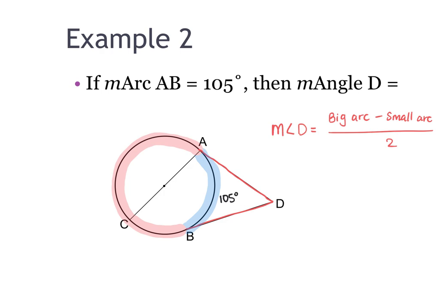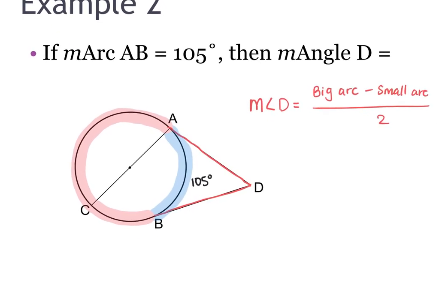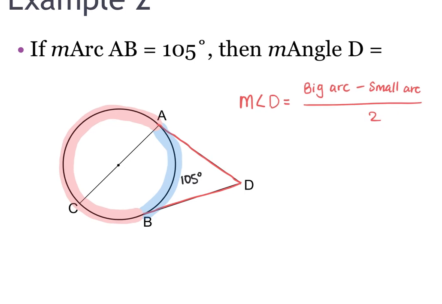Our big arc, we don't know, but can we figure it out? 360 minus 105. Excellent. So we know that there's 360 degrees in this circle, and we already used 105 over here. So we have to have 255 as the big arc in order to create the entire circle.